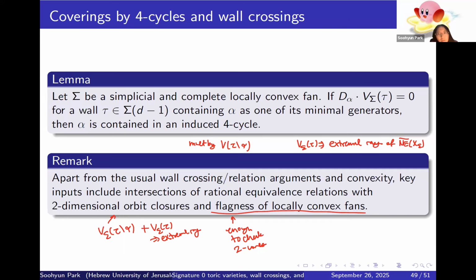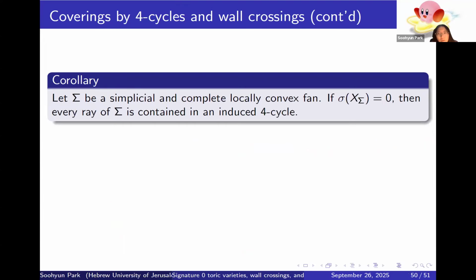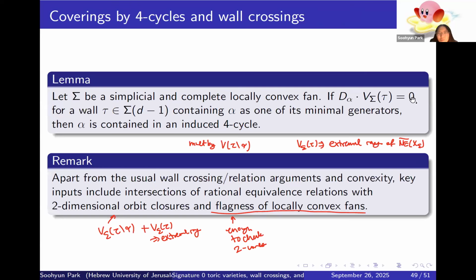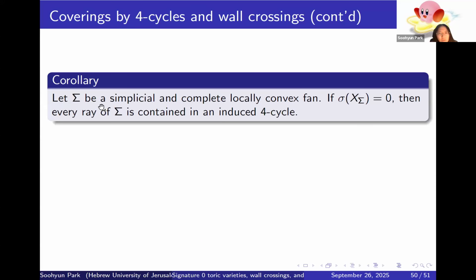If you put this together with the initial structural condition that we mentioned, immediately after the span intersection thing, because each ray is adjacent to some special ray, you always have some relation of this form for any ray alpha, or rho in the context of the simplicial fan. So we can cover everything with induced 4-cycles.